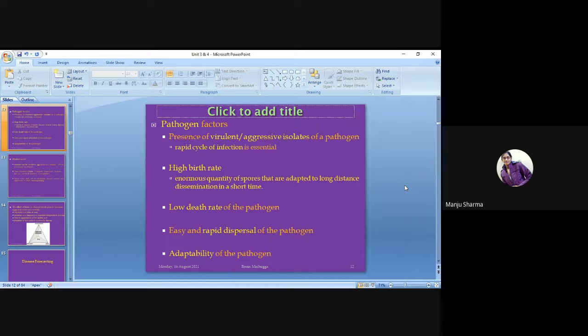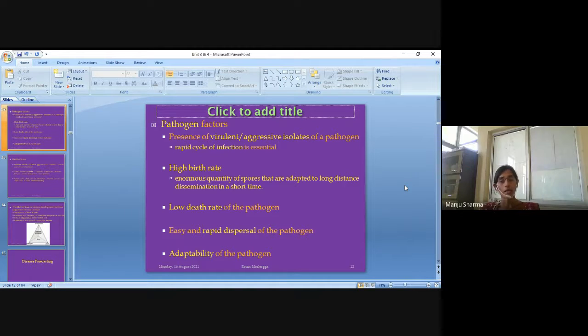Then, a low death rate of the pathogen, easy and rapid dispersal of the pathogen, and ultimately adaptability of the pathogen. So these are all the pathogen factors.